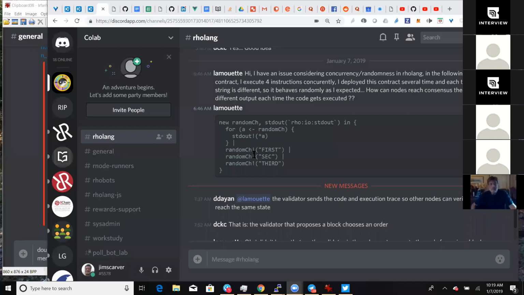There's a consensus-related question in the collab. You have three writes in parallel, and they come out in random order. And the question is, how do you reach consensus when every time you run this, you get a different answer?